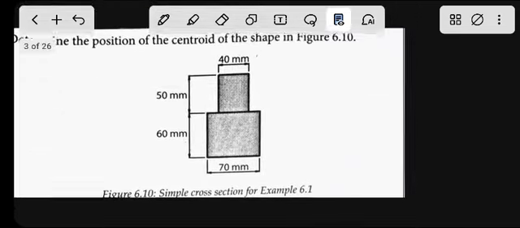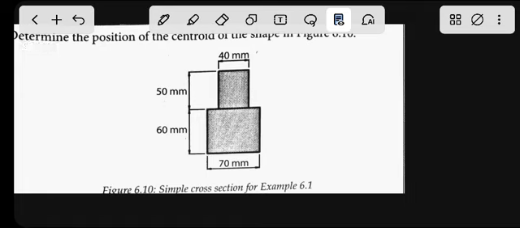Okay. So we have talked about y bar. Let us check the y bar for this. This will be object 1, and this can be object 2. We want y bar from the bottom. For object 1, 60 divided by 2 will be at the center, as I've shown you, because this is a square.